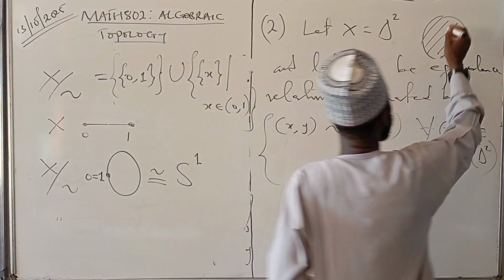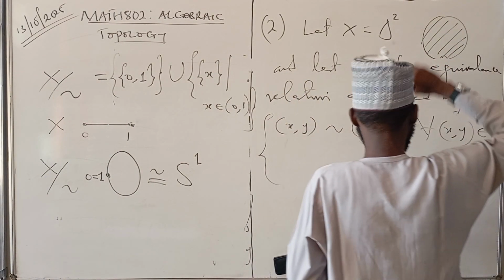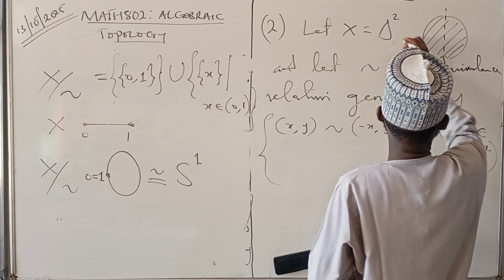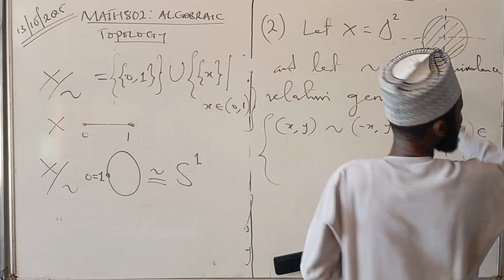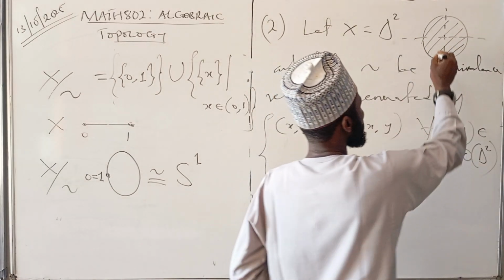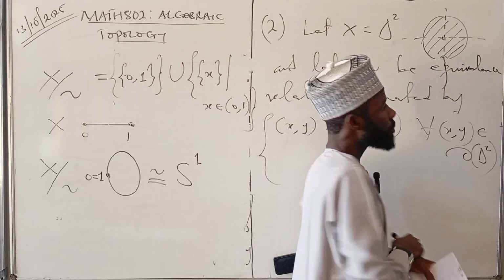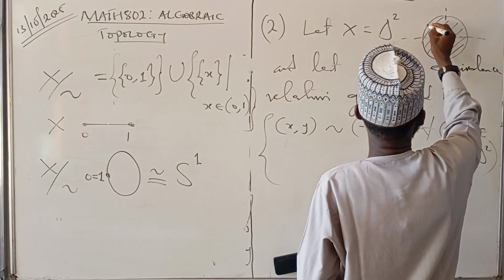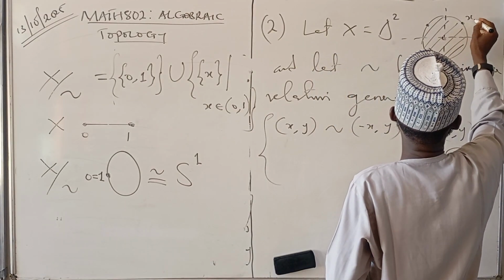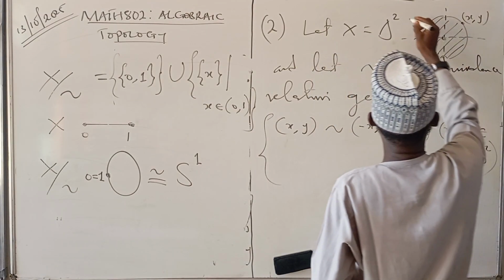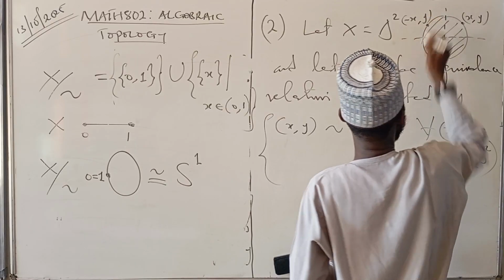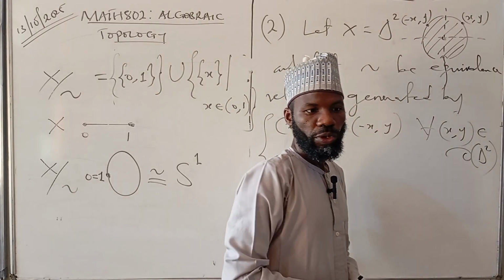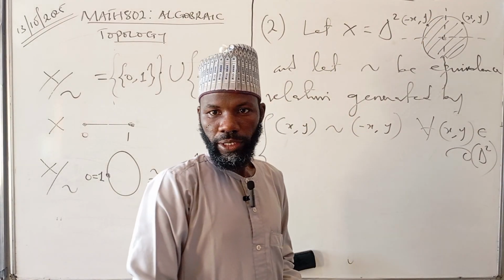So what you need to think of is, maybe you can assign some coordinates like this, because this is the unit disk. The center is the origin in R2. If you take a point here, x comma y, minus x comma y will be here. So you identify these 2 points. Are you following?